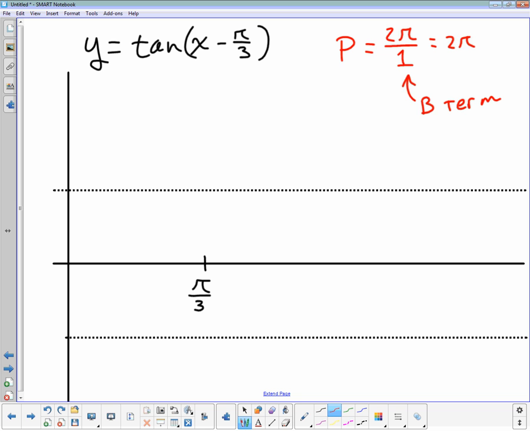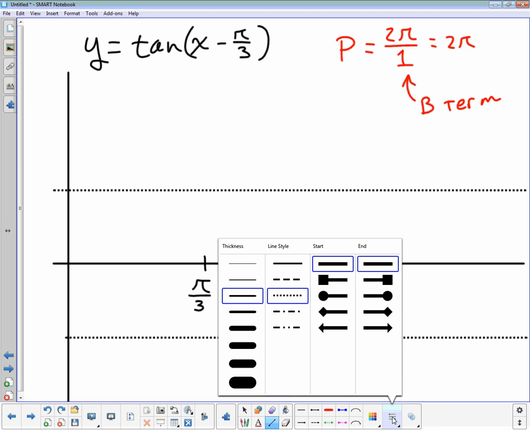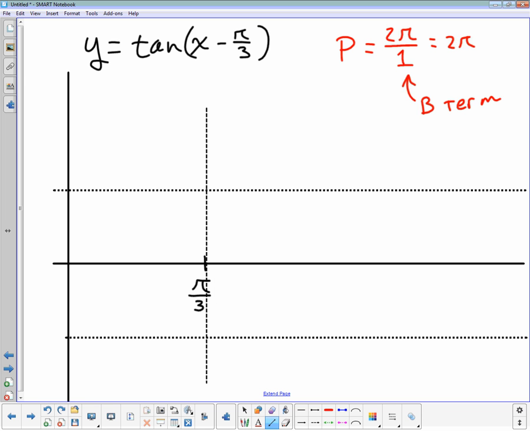So that means that the wave width is 2 pi. So we start at pi over 3, and we add 2 pi to it to find the other end of the box.